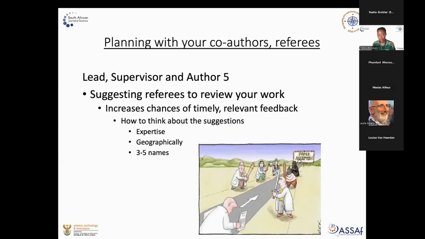They are probably knowledgeable on this, and it's much better to do it at the early stage rather than at the late stage of your writing process, because once you have that list of people who you want to review your work, it increases the chances, obviously, of timely and relevant feedback. How to think about this is around relevant expertise, and geographically diverse people to review your work, and it should be around 3 to 5 names.